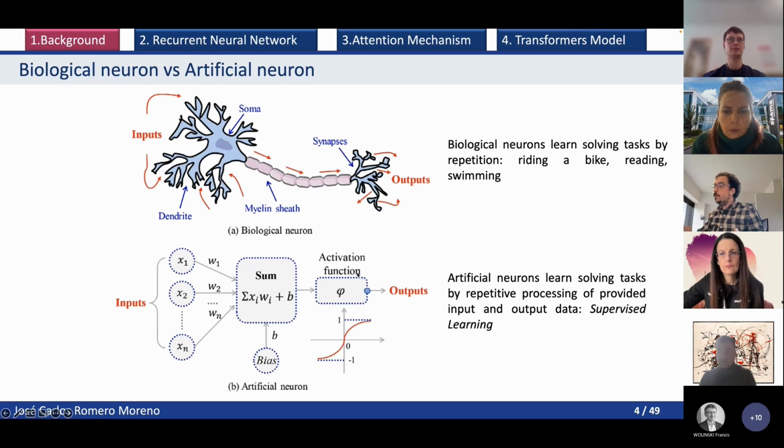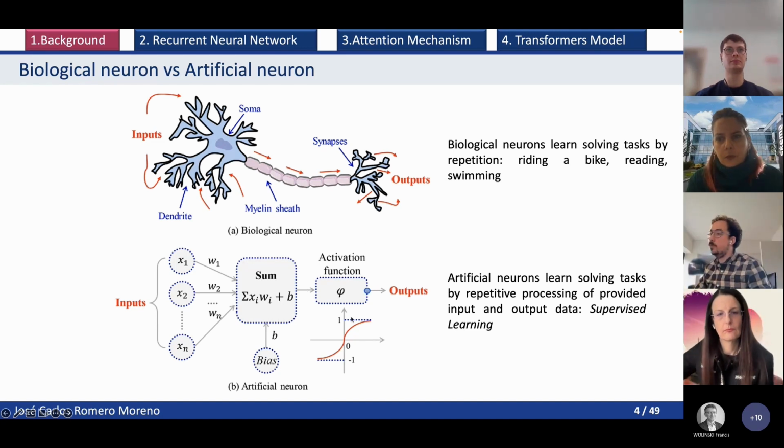This output can have different meanings, depending on your application. Also, this artificial neuron learns to solve tasks by repetition, which is one of the fields of machine learning called supervised learning. These coefficients are adapted, changing to match the output that we want to have.